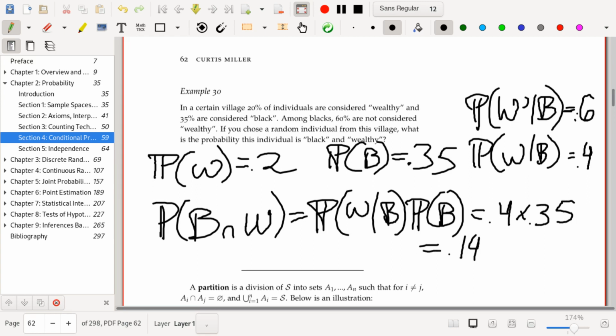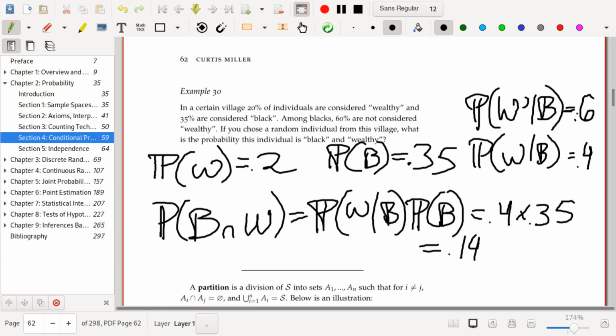Now, let's suppose I told you that the probability of being wealthy, given that you're not black, was 0.7. Would you be bothered by the fact that the probability of being wealthy given that you were not black, plus the probability of being wealthy given that you are black, don't add up to 1?